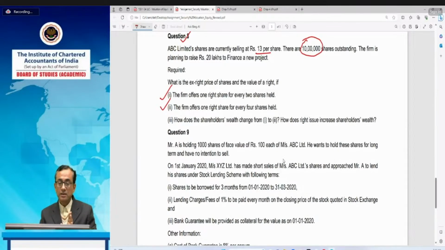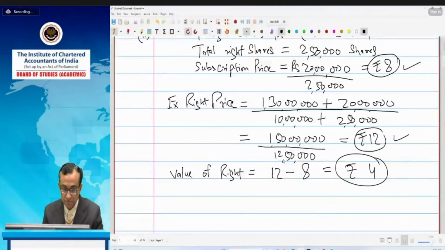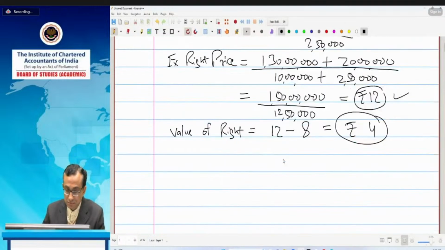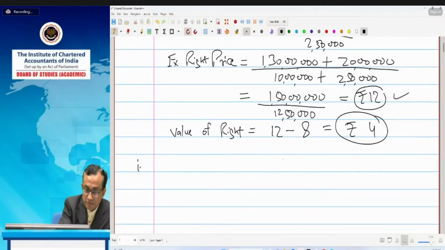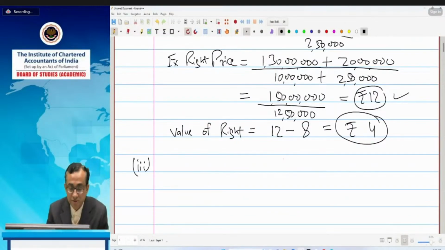We will see that in both the situations, that is when the company offers one right share for two shares held or one right share for four existing equity shares, in either of the situations, or before that, before the right issue, in these three situations, whether there is any change in the wealth of the shareholders. Let us see. Now come to the third portion, effect on the wealth of the shareholders.